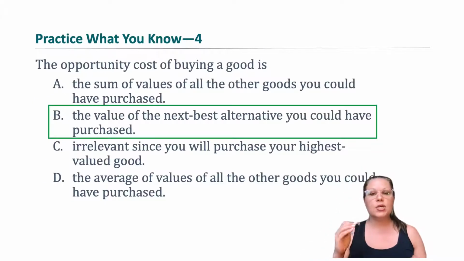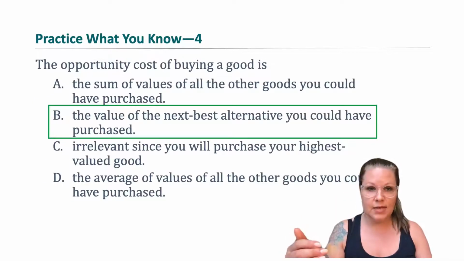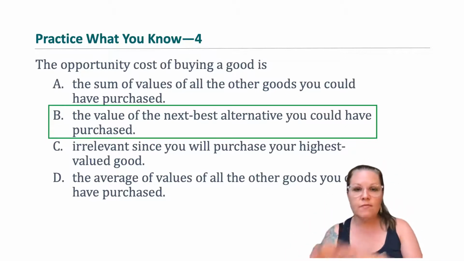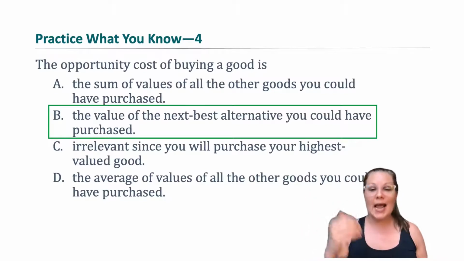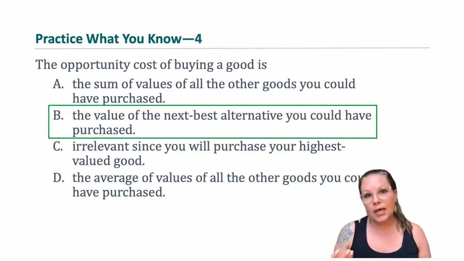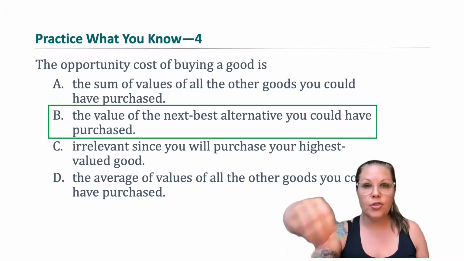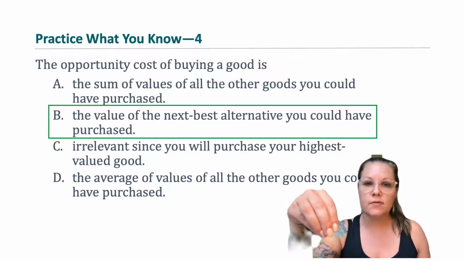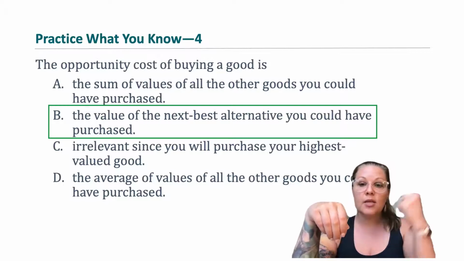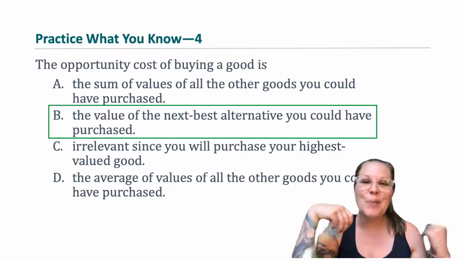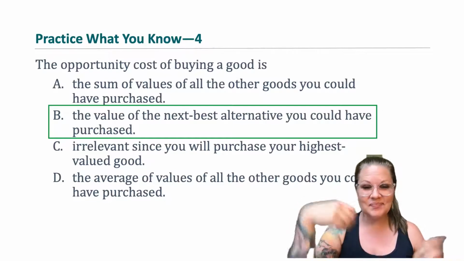So the opportunity cost of buying something is the value of the next best alternative that you could have purchased. So if you weren't able or you weren't willing to buy a particular thing, the opportunity cost of that purchase would be the next best option. What is it that you would have bought instead?